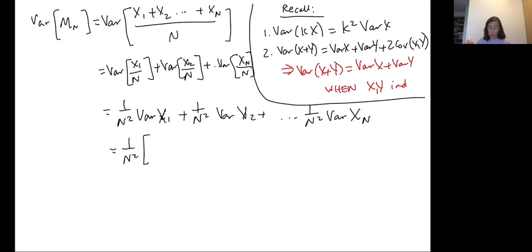We don't know what the number is, but we know these variances are all the same. We know it's all the same because that's what it means to be identically distributed. So if this one has variance sigma squared, that one has the same variance sigma squared, they all have the same variance sigma squared. So each of these terms is sigma squared.